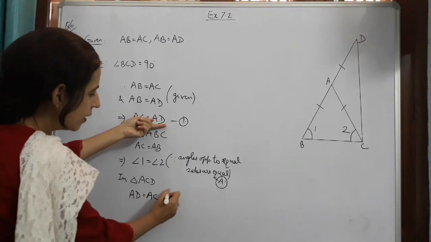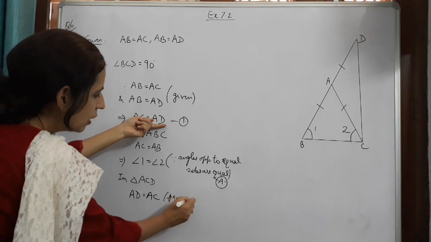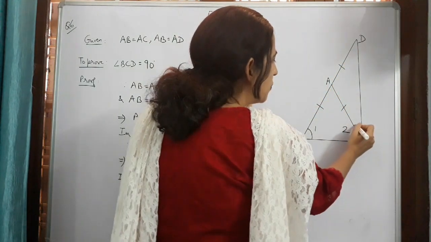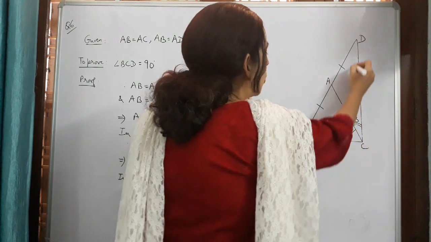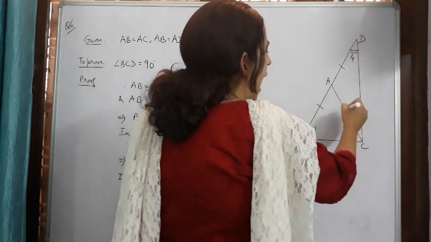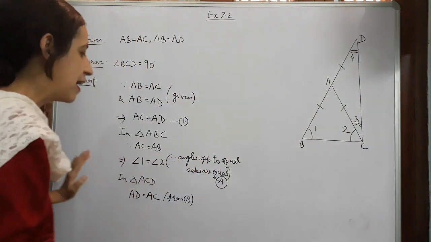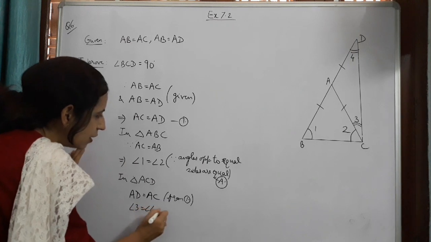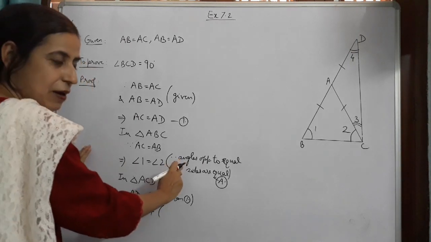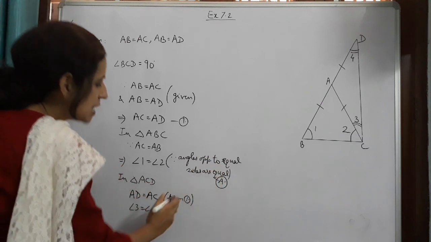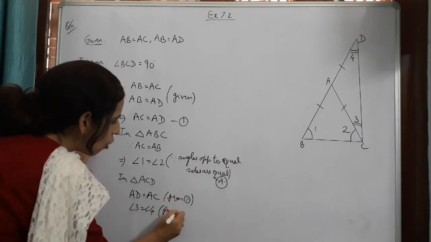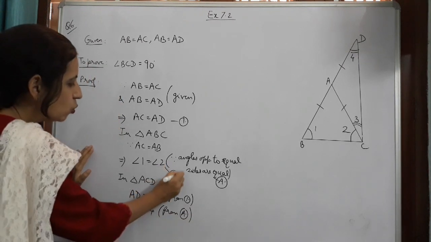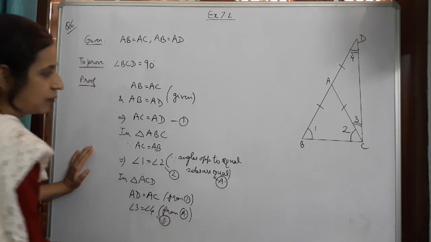From equation 1, AD is equal to AC. So definitely the angle opposite to AD is this angle, angle 3, which is equal to angle 4, the angle opposite to AC. So we write down that angle 3 is equal to angle 4, and the reason is the same: angles opposite to equal sides are equal. This is from property A. Now let this be equation 2 and let this be equation 3.